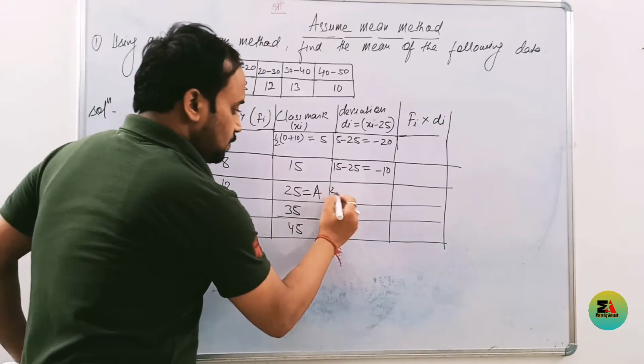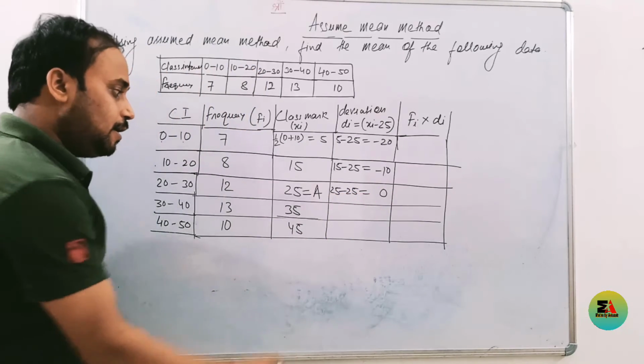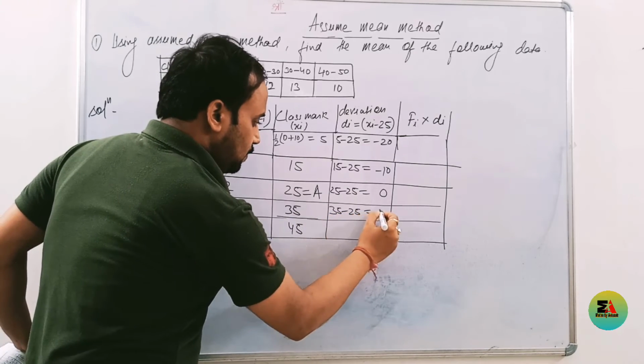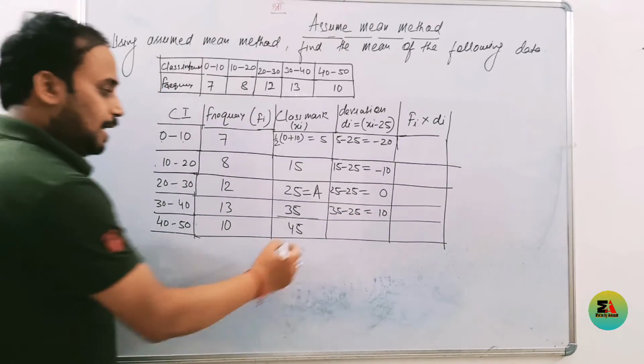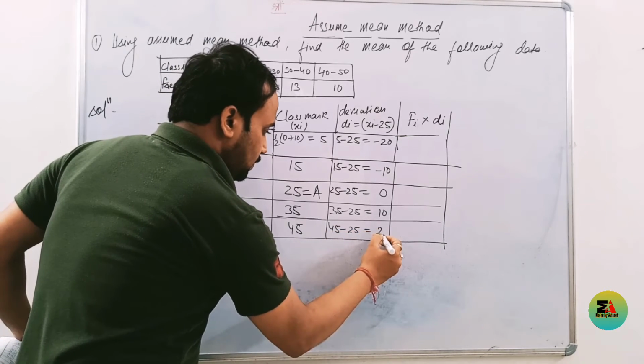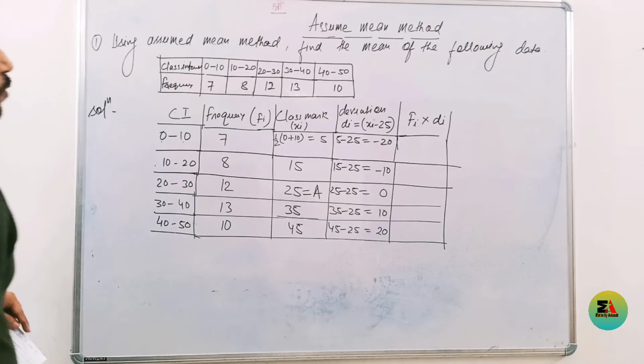Same as 25 minus 25, this is 0. Clear? And the next one is 35 minus 25. This is 10. Clear? And the last one is 45 minus 25. This will be 20. I hope up to this is clear to you.